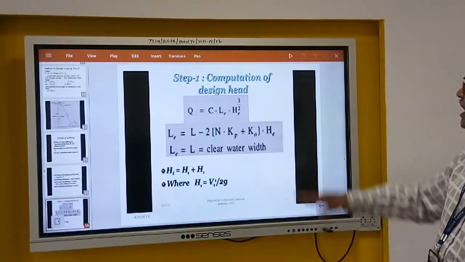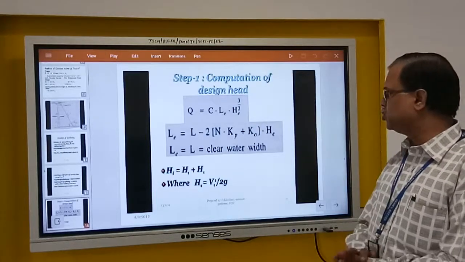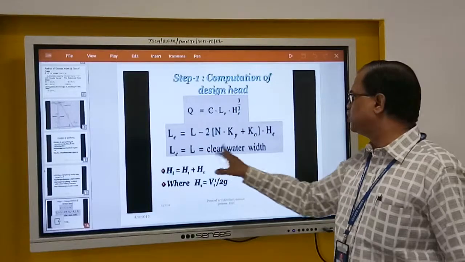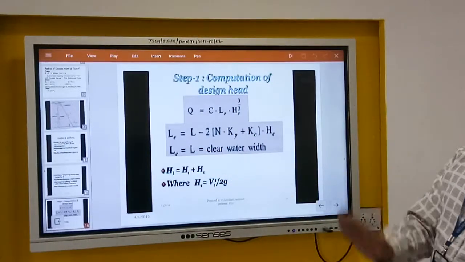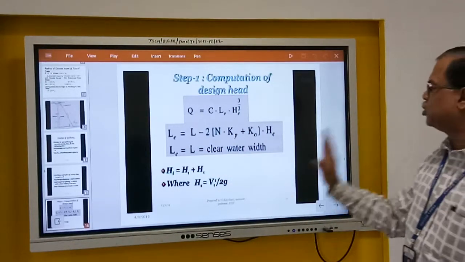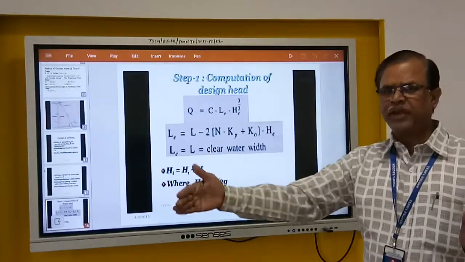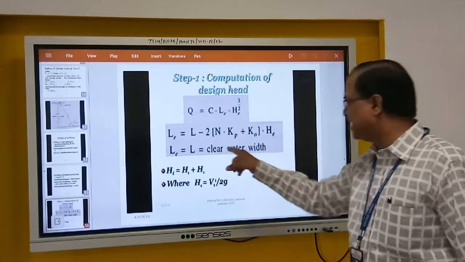Q is equal to C Le He raised to the power 3 by 2. Le equal to L minus, this is the formula. Our first step will be, we are going to assume Le equal to L, that is, the number of gates into the opening of each gate. So this will be your clear length.